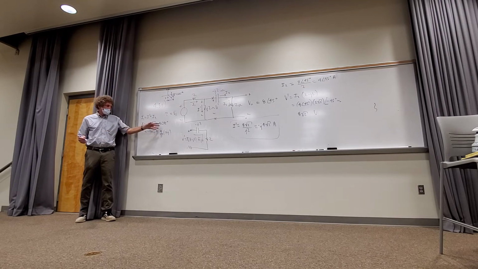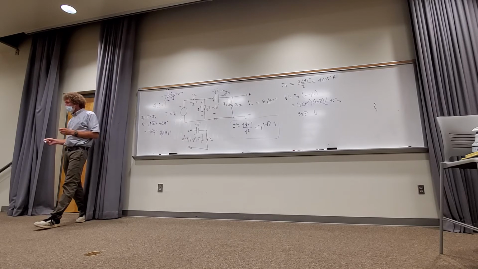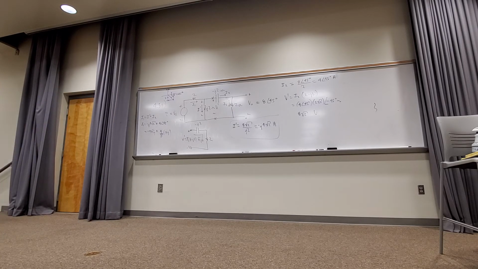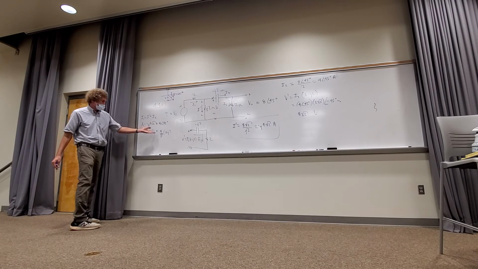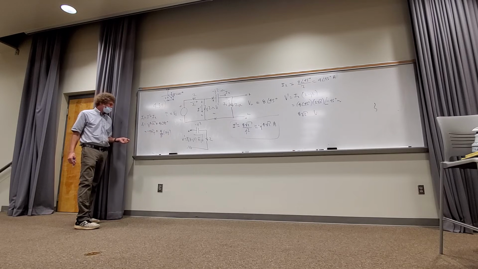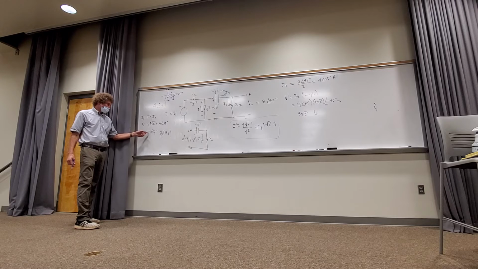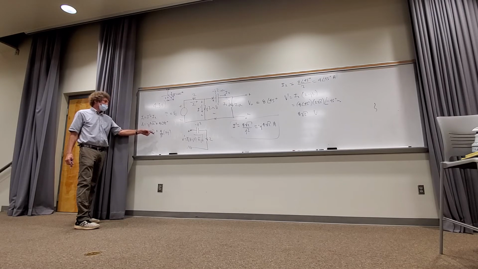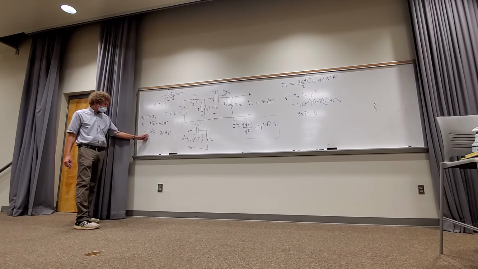If you have something at an angle of 45 degrees, 1 at an angle of 45 degrees is 1 over the square root of 2 plus j 1 over the square root of 2. Now you can add the real part, 4 over the square root of 2, and the imaginary part, which is minus 4 square root of 2 plus 4 over the square root of 2 times j. Your calculators will do this, but that's I1.